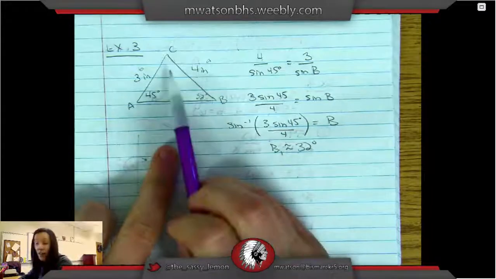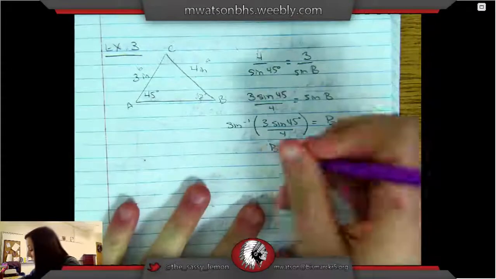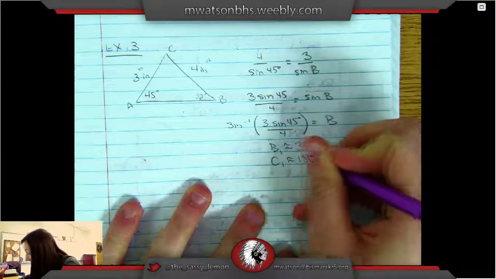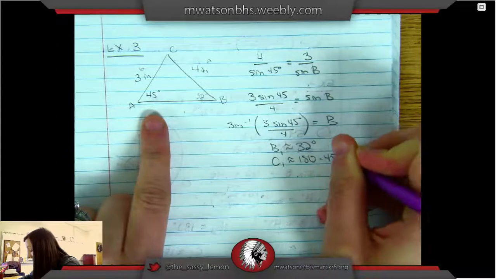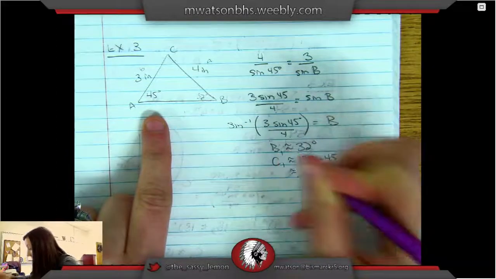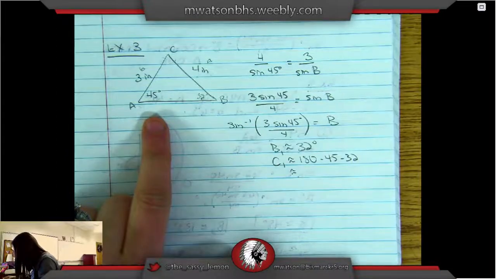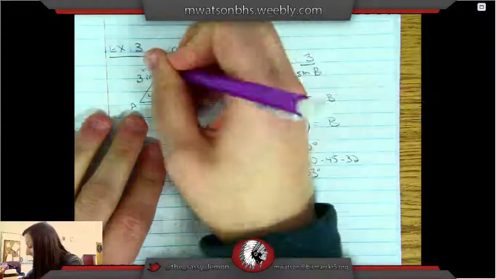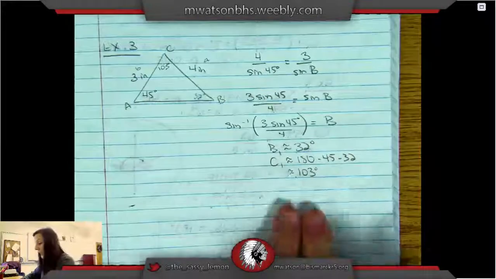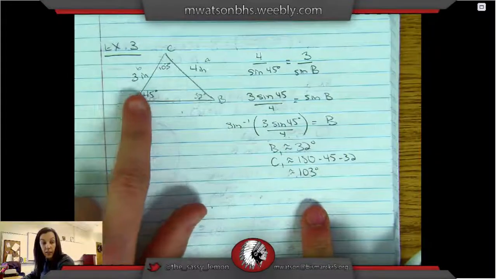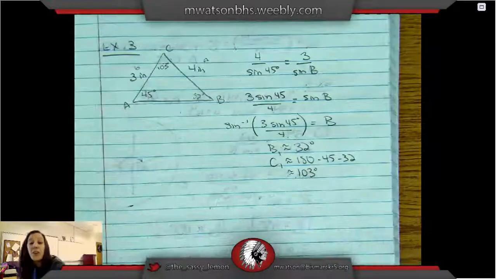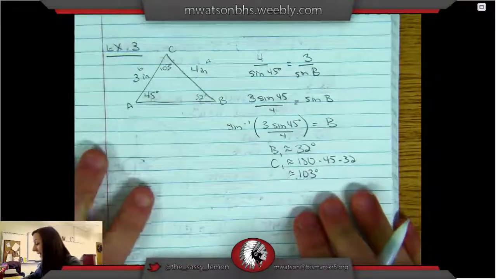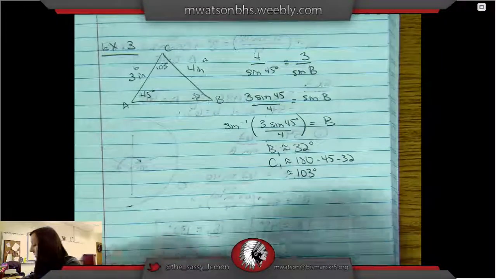So it looks like we're going to have to find angle C. So C sub 1 is going to be approximately 180 minus 45 minus 32, which is 103 degrees. So at this point, we can find the area of this oblique triangle, right? But we're only able to find the area of this triangle. There might be a second one. Let's go ahead and determine if there's a second triangle before we move on.